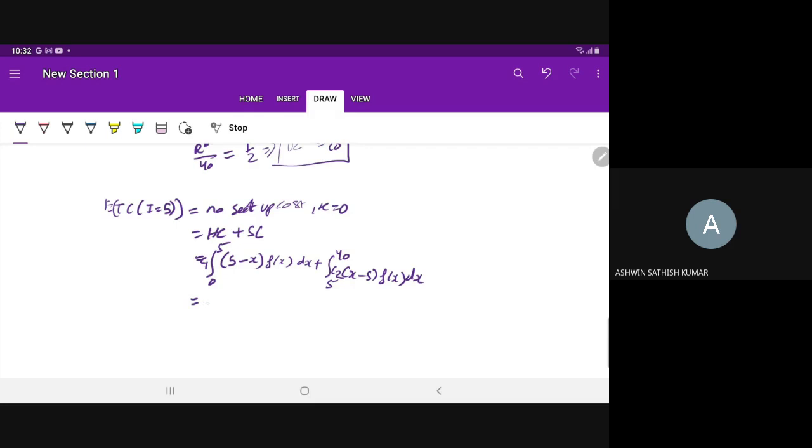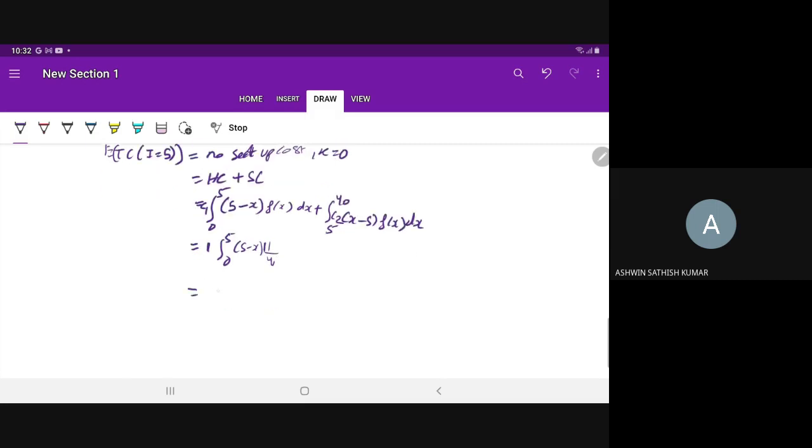So C1 is 1, integral 0 to 5 of (5 minus x), and f(x) is 1 upon 40. So it is 1 times the integral 0 to 5 of (5 minus x) times 1 upon 40 dx, plus C2 is 3, integral 5 to 40 of (x minus 5) times 1 upon 40 dx.